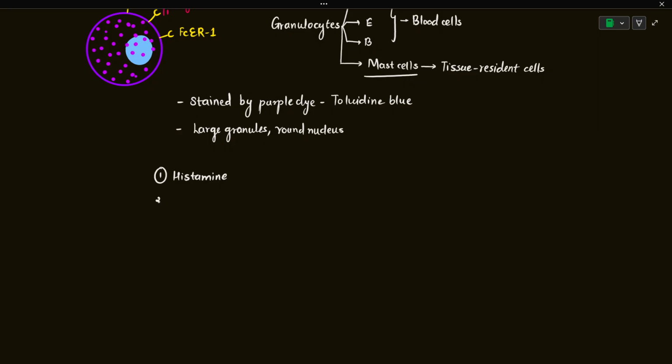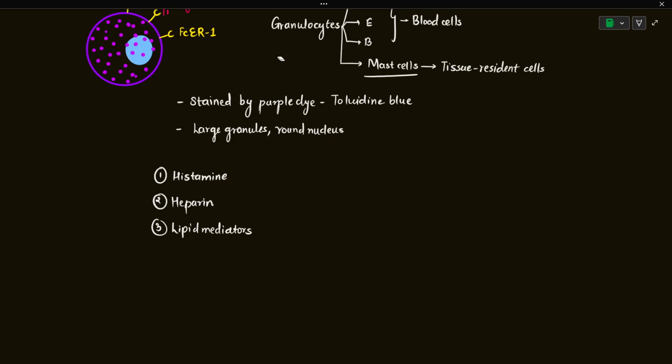So histamine, heparin, and lipid mediators are present in the granules. Once the mast cell gets activated, it results in degranulation of the mast cell, and when we investigate the components released due to the degranulation, we can find histamine, heparin, and lipid mediators.